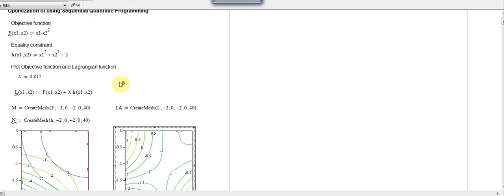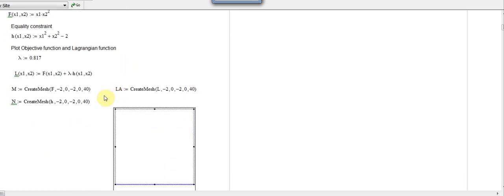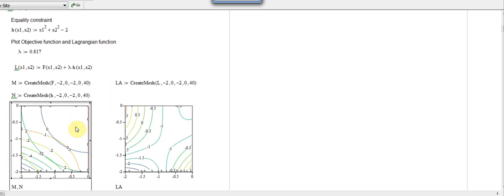Here is a plot of the objective function, and we have isoquants of the objective function, these curves, and the constraints.